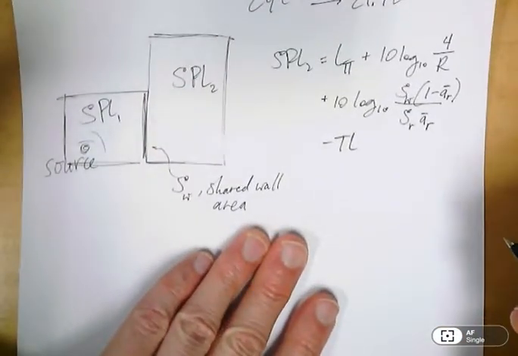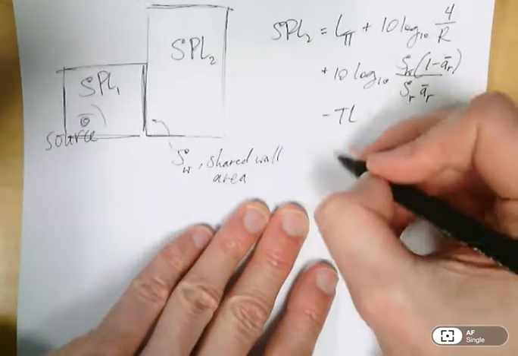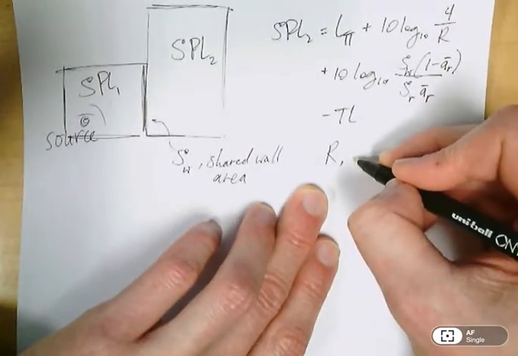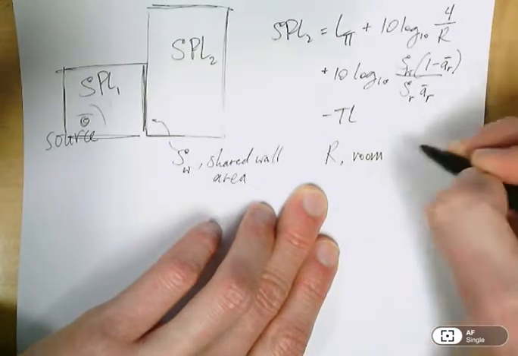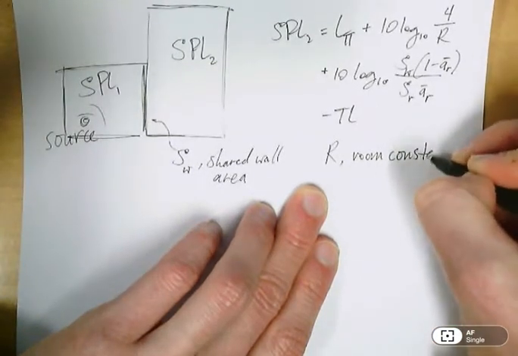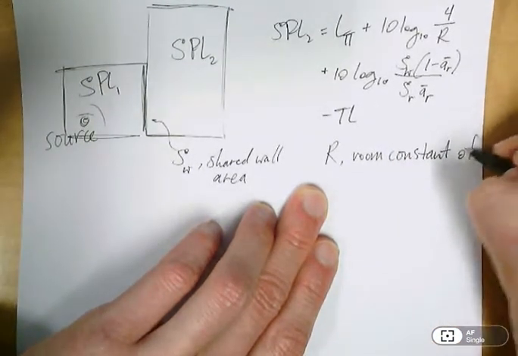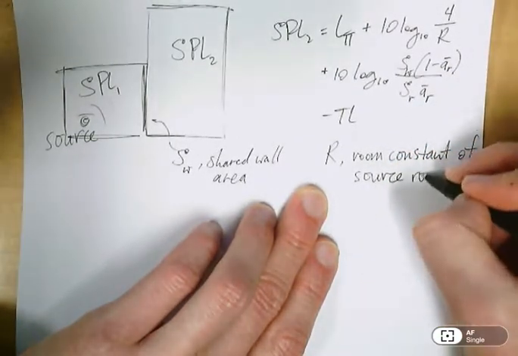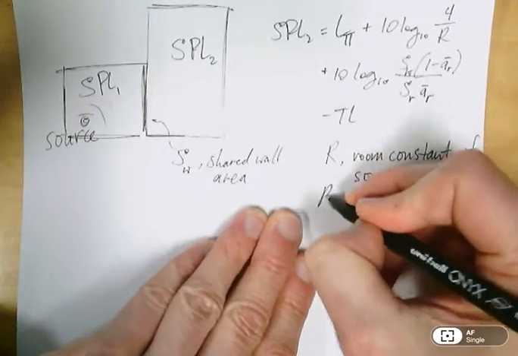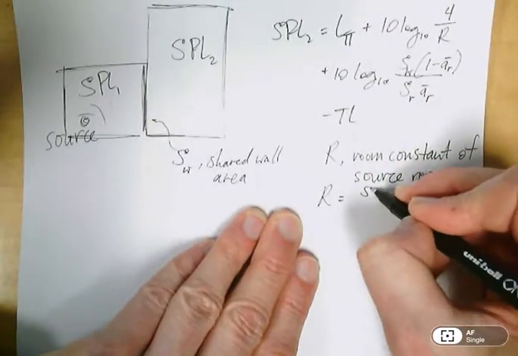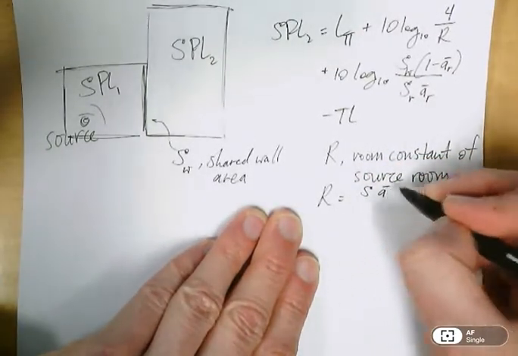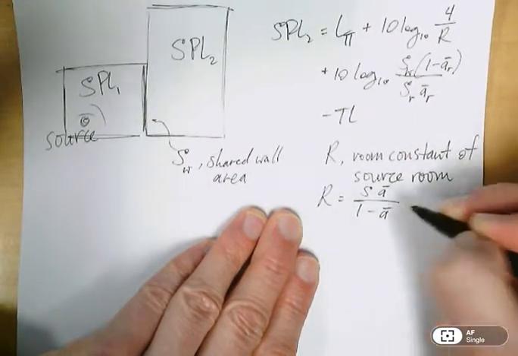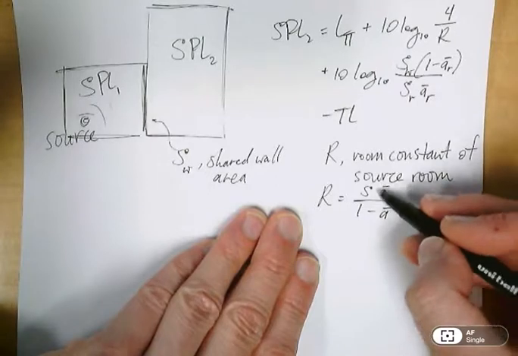So R is the room constant of the source room, so that R is equal to S A bar on 1 minus A bar, the average absorptivity of the source room.